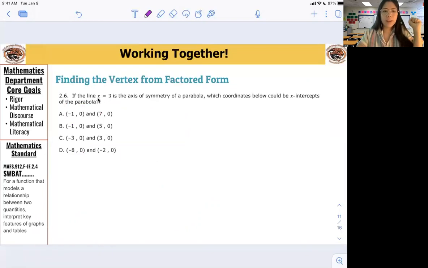If the line x equals 3 is the axis of symmetry, which of these can possibly be the zeros, the x-intercepts? Try it out.